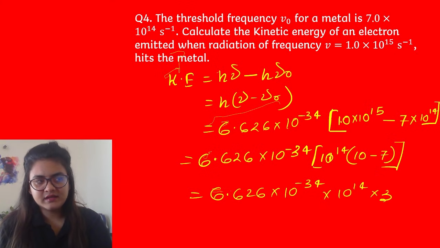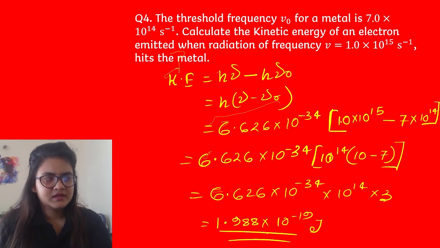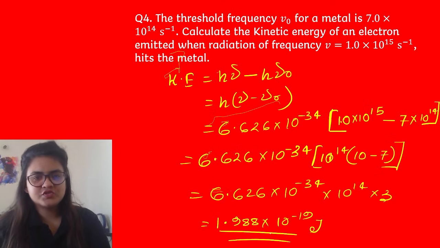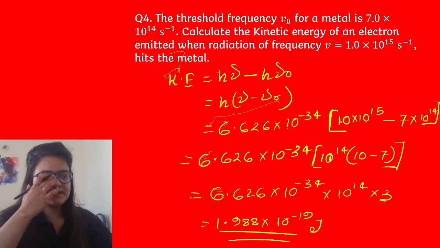If you calculate the entire thing, it will come up to something like 1.988 into 10 power minus 19 joule. Okay, so that's going to be your answer. I guess this is clear to you. Yes, let's proceed.